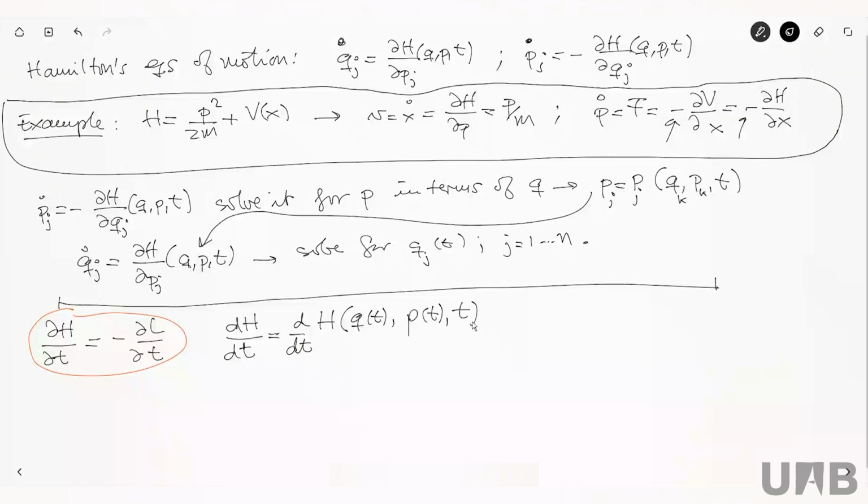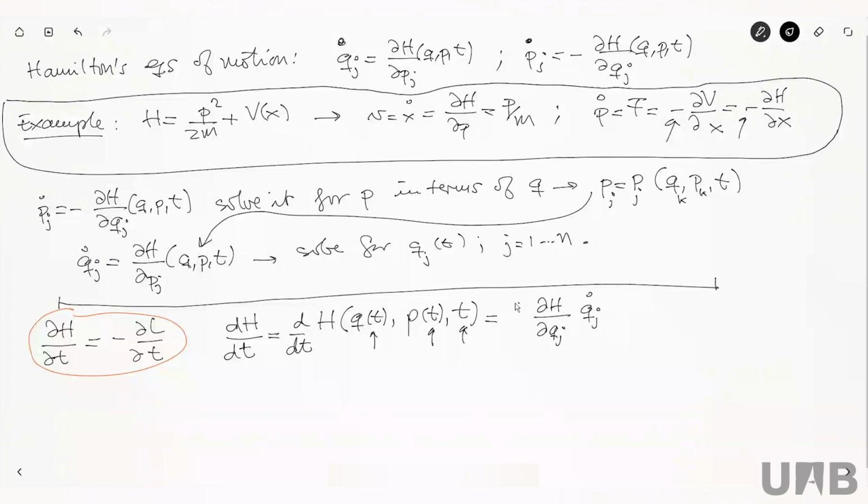So the previous partial derivative of H with respect to T would only take the derivative with respect to this T. But now I'm taking the derivative with respect to the whole dependence of T, which is here, here, and also here. Okay? So what is this? Well, chain rule. What does the chain rule say? I have to take the derivative of the Hamiltonian with respect to Qj times the derivative of Qj with respect to time.